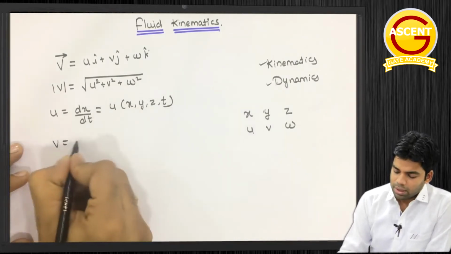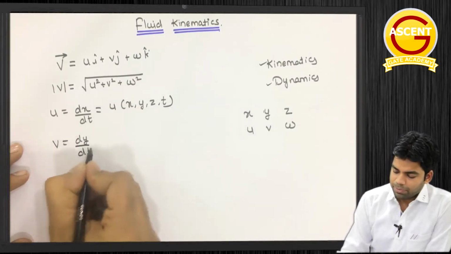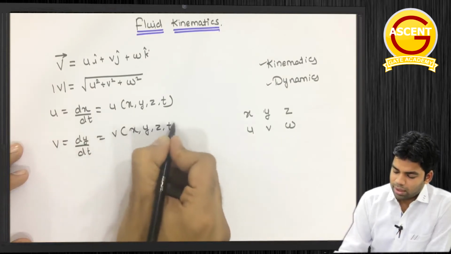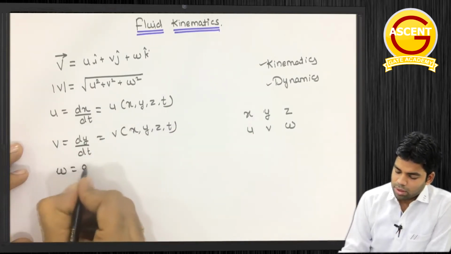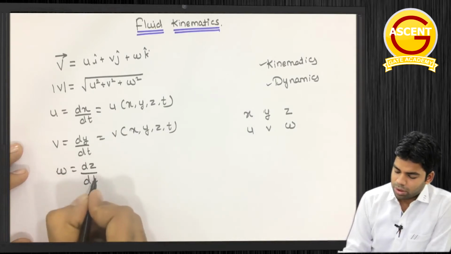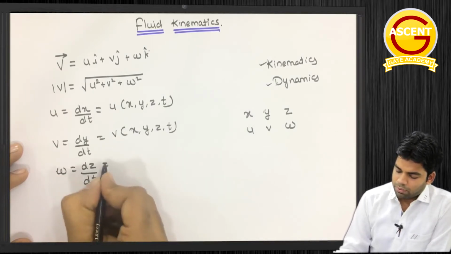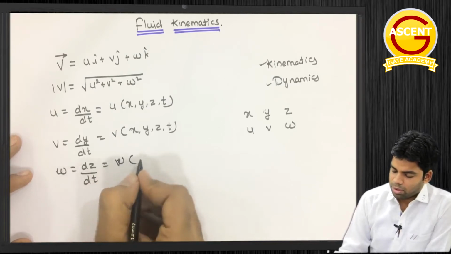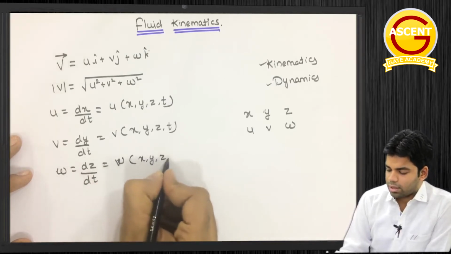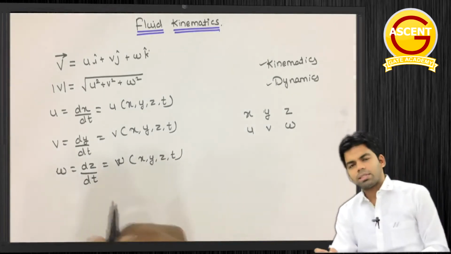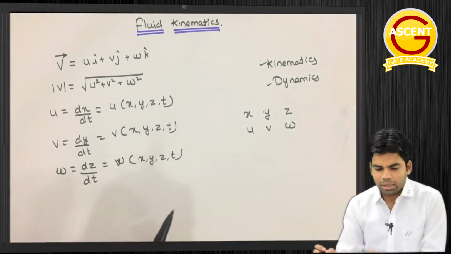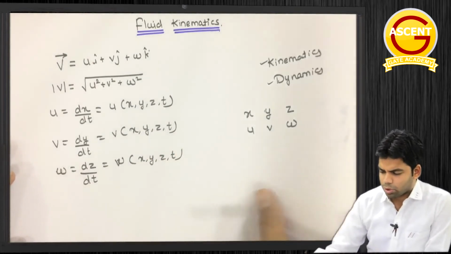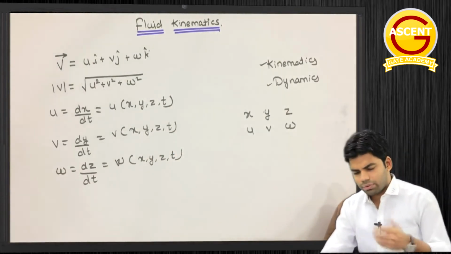Similarly, v is equal to dy by dt, again a function of x, y, z and t, and w is the change in position along the z axis, and w is also a function of x, y, z and t. Change in position with respect to time is nothing but the velocity. This is a very simple thing, and we will deal with a simple question related to this, and then we will move forward.